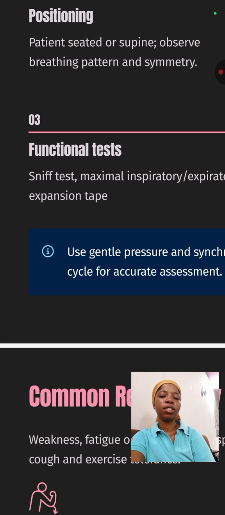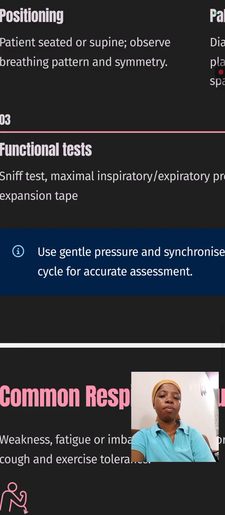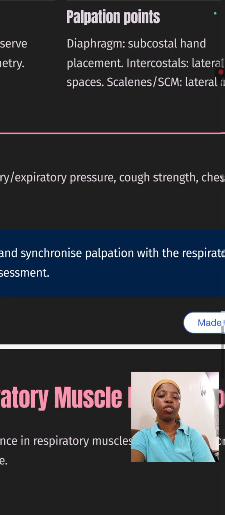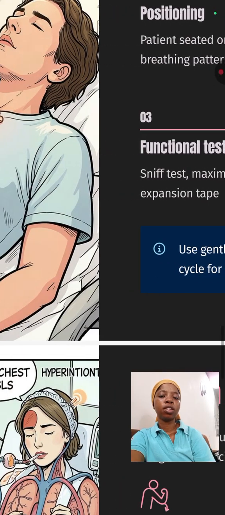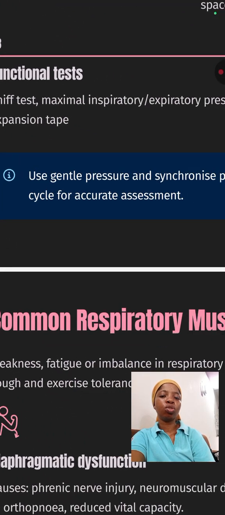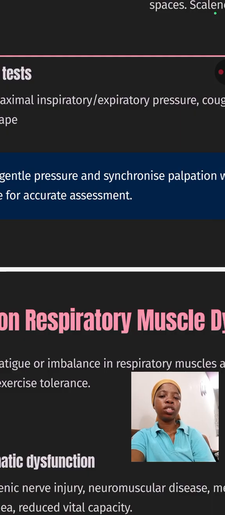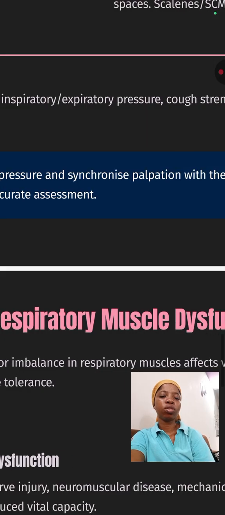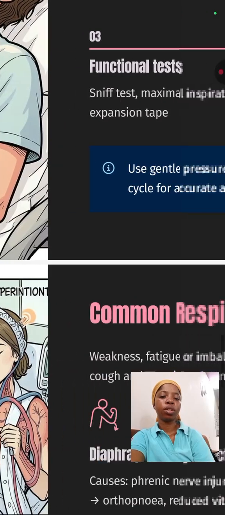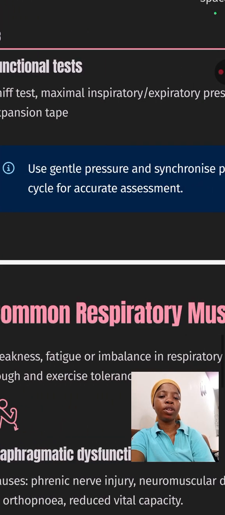Functional tests: maximum inspiration and expiration pressures, cough strength, chest expansion. Tips: use gentle pressure and synchronize palpation with the respiratory cycle for accurate assessment.